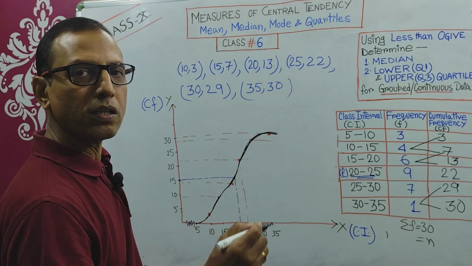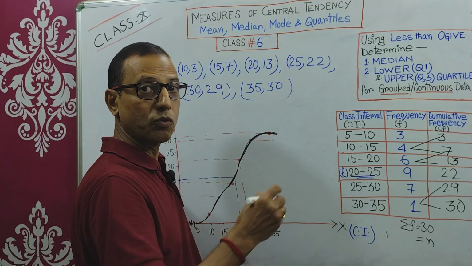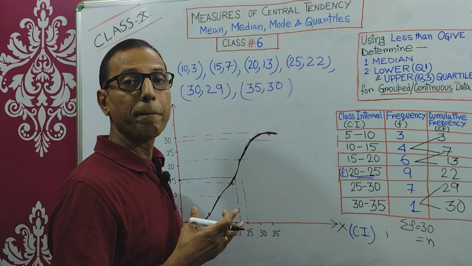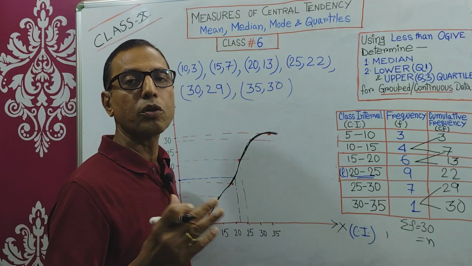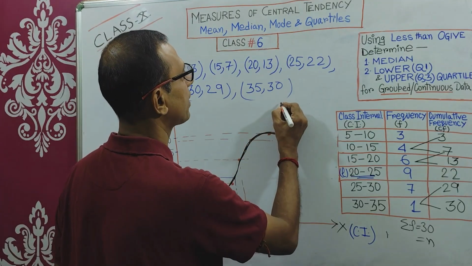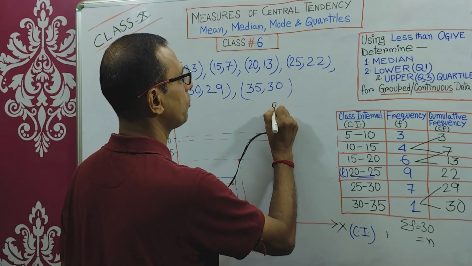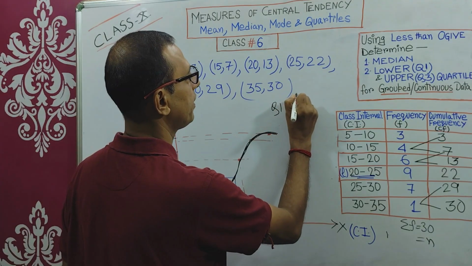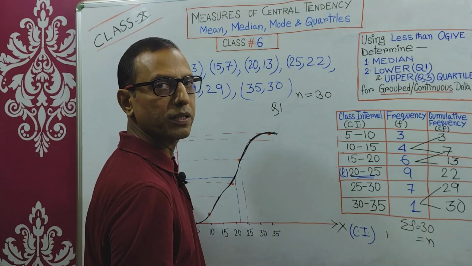For Q1, what is the formula? If the total number of observations is n, since in quartiles we are dividing the entire data set into 4 equal parts, Q1 is n by 4 and Q3 is 3n by 4. Here n equals 30, the total number of observations or total frequency, right?